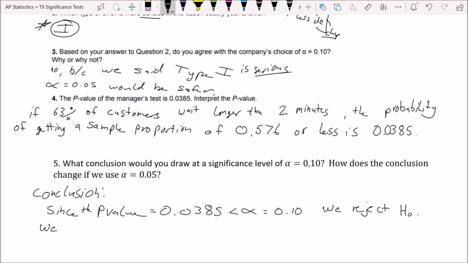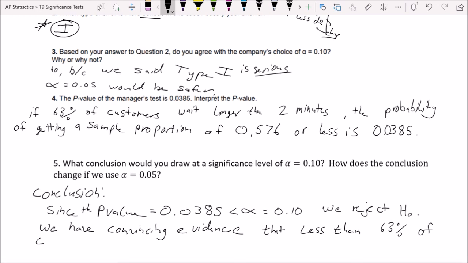We have convincing evidence that, because it was a one-tailed test, a less than, that less than 63% of customers, I think it was drive-through customers, wait longer than 2 minutes.